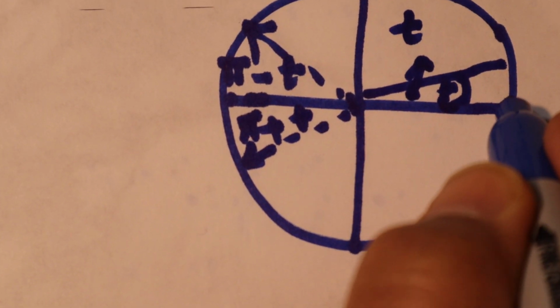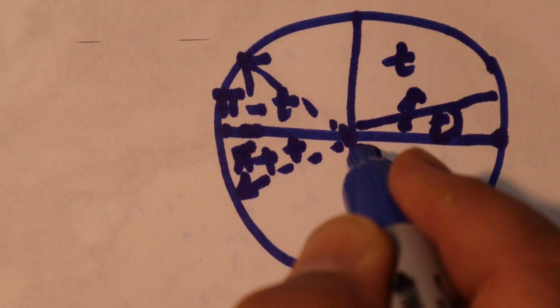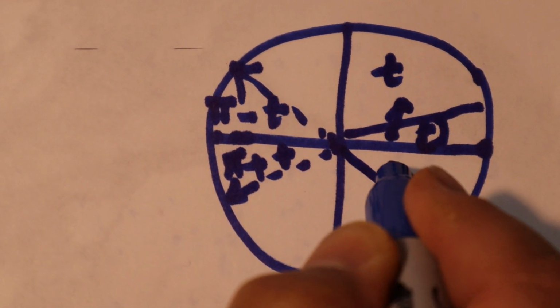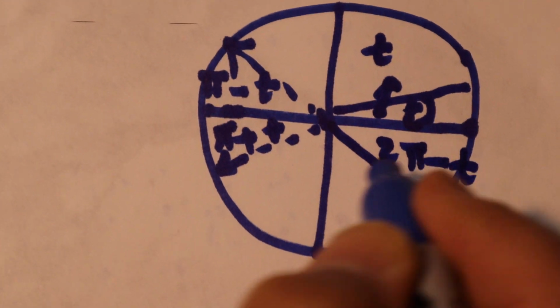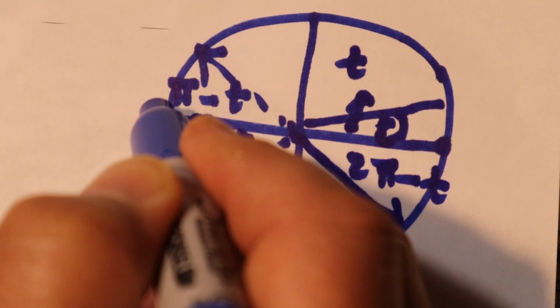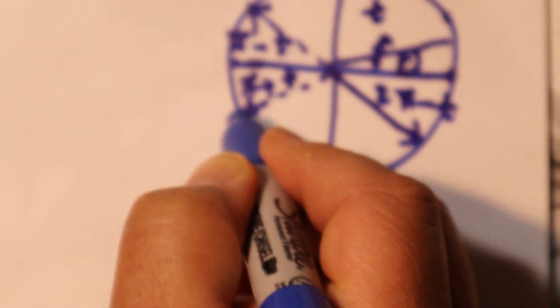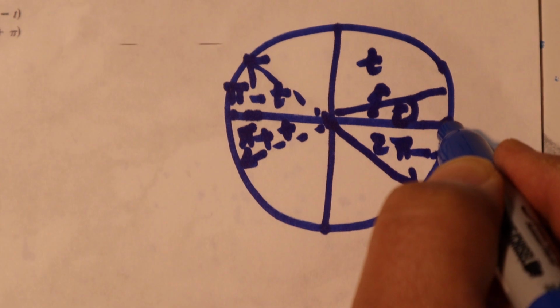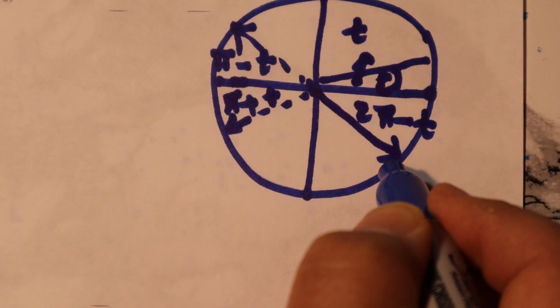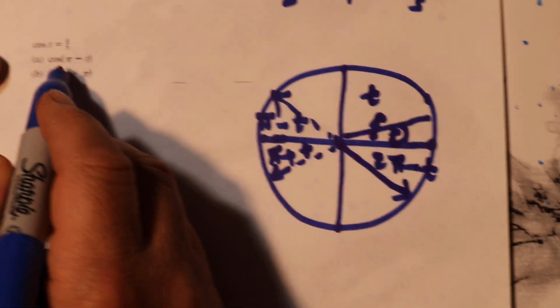If you spin a full circle minus t, that means 2 pi minus t. So we have t, pi minus t, pi plus t, and 2 pi minus t. The given example is cosine t equals 4/5.